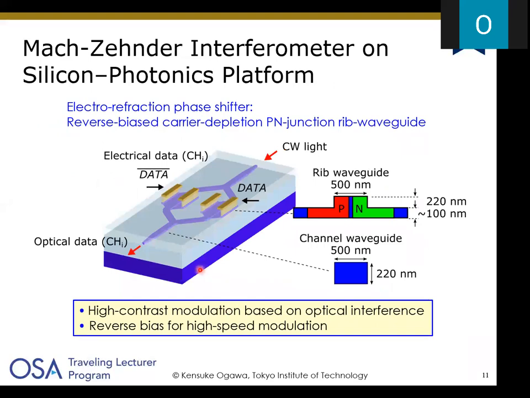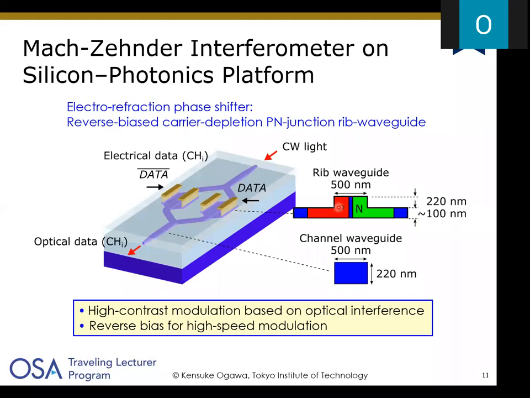And this is an illustration of the Mach-Zehnder interferometer and the push-pull modulation on a silicon photonics platform. You see the interferometer waveguide, and in each arm there is a phase shifter, and the cross section is like this.